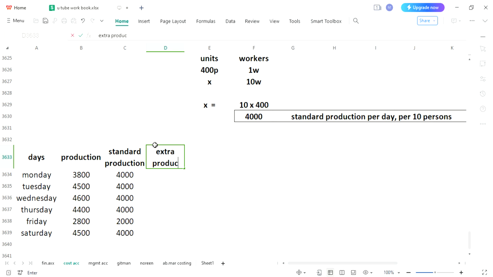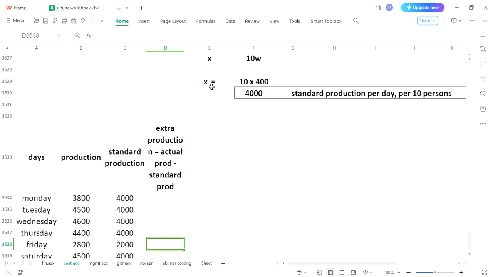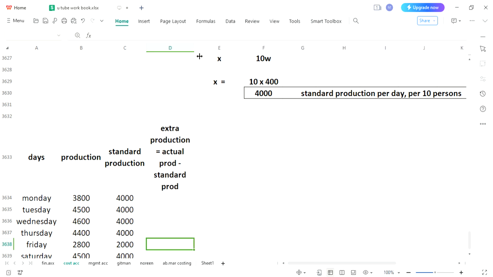So extra production would be calculated by subtracting standard production from actual production. Alright guys, in this way we will be able to calculate our extra production and focus upon their level of units.